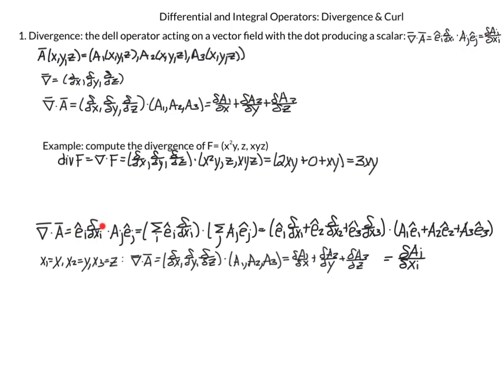Since we have the repeated index i, this is a summation, and this here is also a repeated symbol, so it's a summation. So when we sum from i equals 1 to 3, we get E1 d dx1 plus E2 d dx2 plus E3 d dx3. And then here we have our A1 function times E1 plus A2 times E2 plus A3 E3.